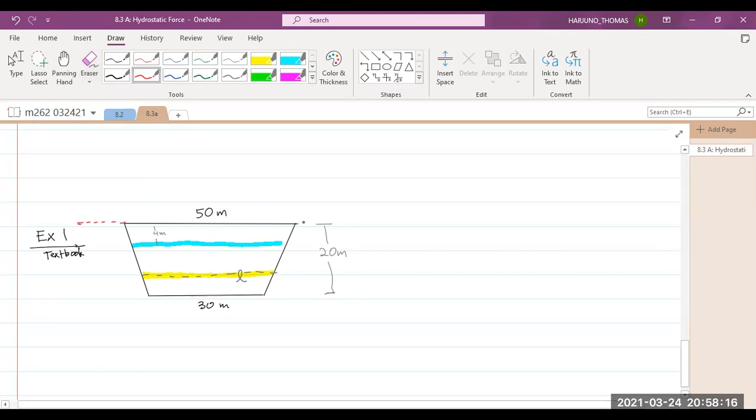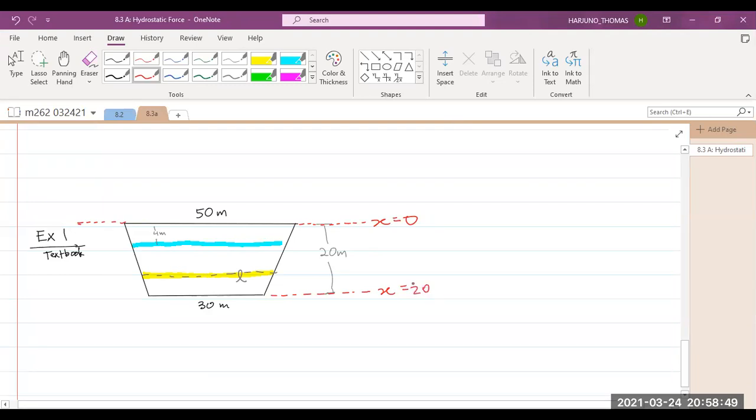Instead of from the surface of the water, I take it from the top of the container, x equals 0 here. I don't start from the surface of the water, but I start from the top of the pool, the top of that container. Now the bottom will be what? Will be 20, that's right.